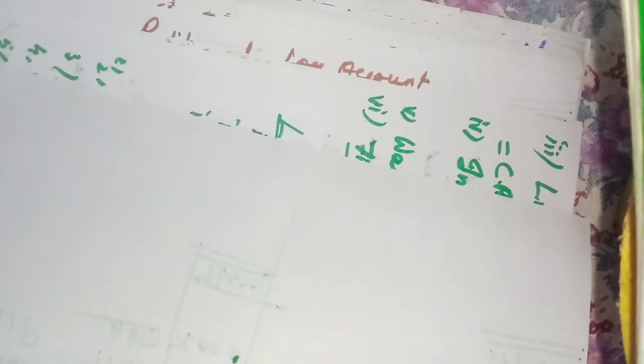11. Now they will ask you to prepare everything, isn't it? Prepare trading and profit and loss account in the books of Ramasundari for the year ended 31st December 2017 and balance sheet as on that date from the following information. So first write the number. Okay, 11.